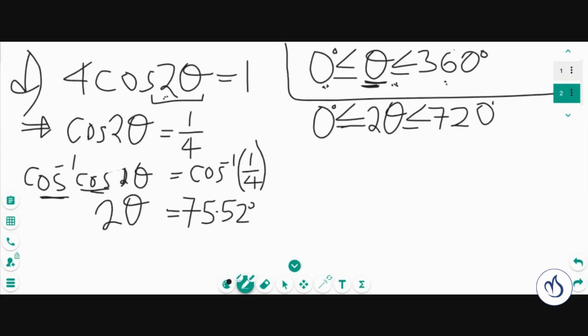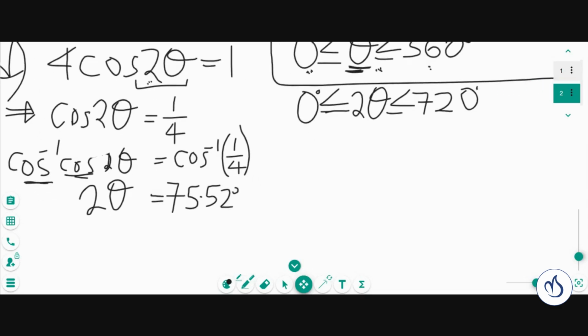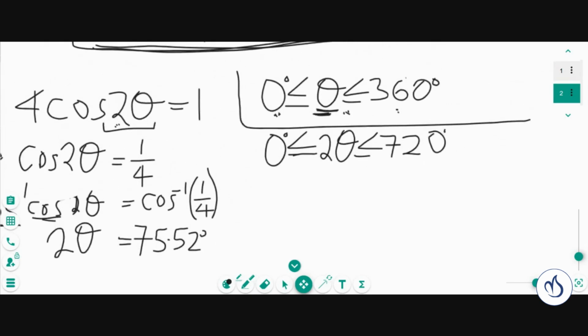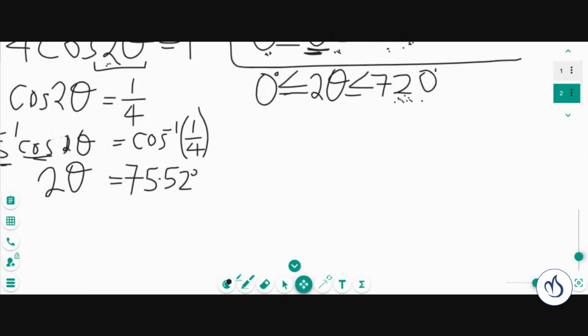I have to represent that in the quadrants. Now remember, 1 quadrant is up to 360, but our new range is 720. 720 will mean we are going to make a full rotation and we restart the rotation, as you're going to see.